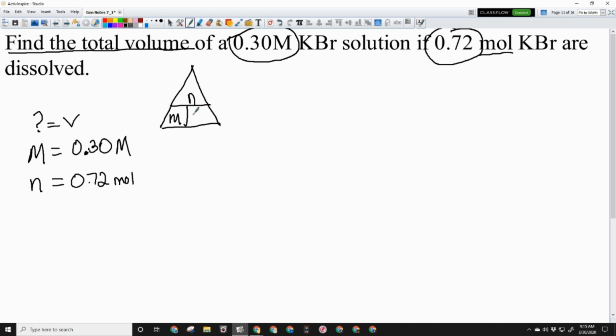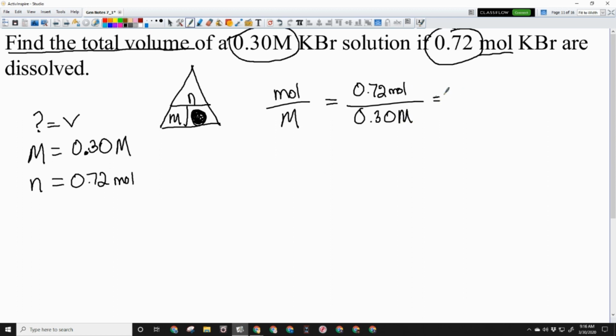All right, let's get our equation. Molarity is equal to moles over liters. So we're looking for liters, we're looking for the volume. So it's going to be moles over molarity. Let's substitute in: 0.72 divided by molarity, which is 0.30.